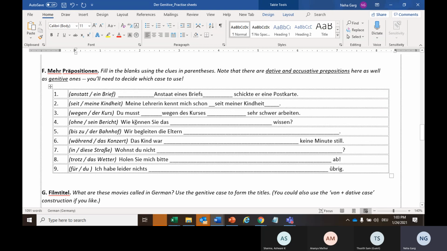Next, Ananya. Das ist ohne. Ist das Akkusativ oder Dativpräposition? Accusative. Sehr schön. So Bericht is masculine. Der Bericht. Wie können Sie das ohne seinen Bericht wissen?